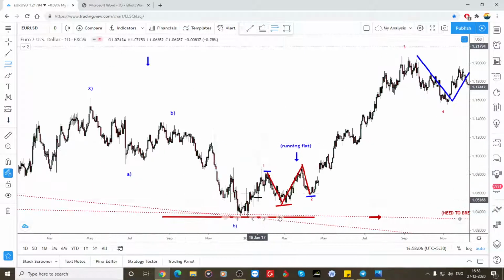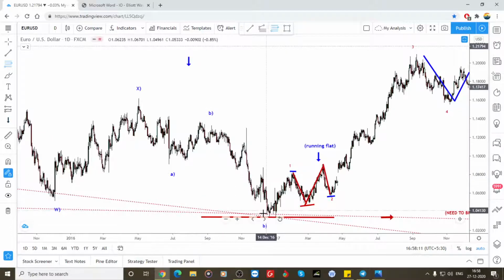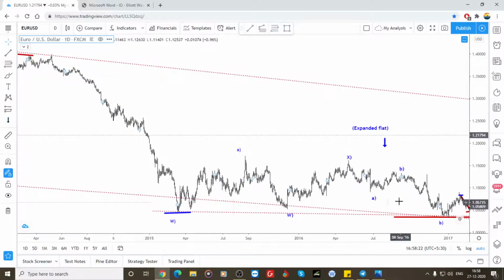After that 61.8 retracement, we need to buy and place a stop loss here, because we didn't know whether it is wave 1 or it is going to be a complex correction.